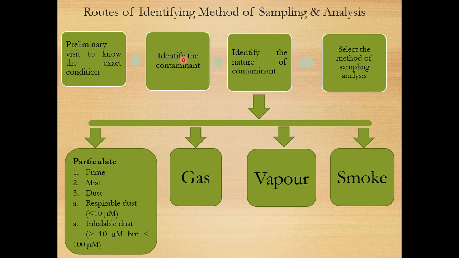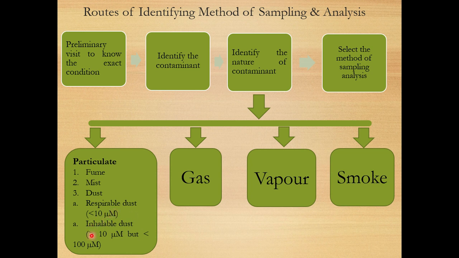After you know the contaminant, you need to identify the nature of the contaminant, whether it is particulate, gas, vapor, or smoke. In particulate, we have several types, which are fume, mist, and dust, and under dust we have respirable dust, which is categorized as having 10 micrometer in diameter.